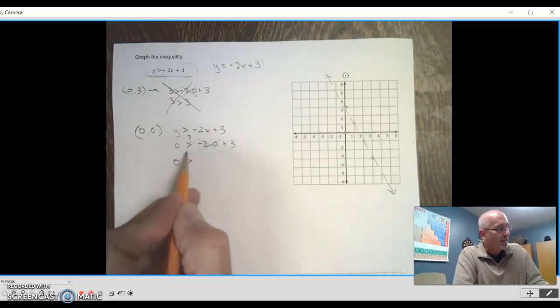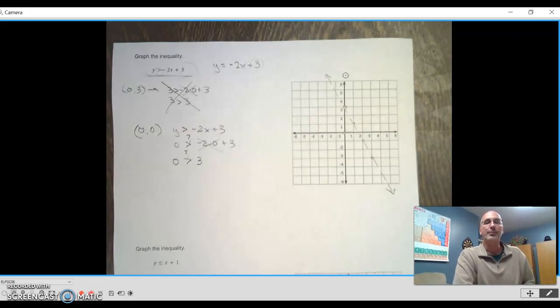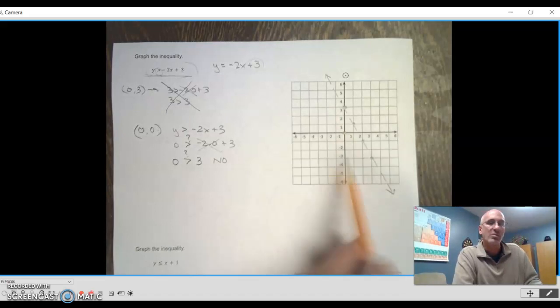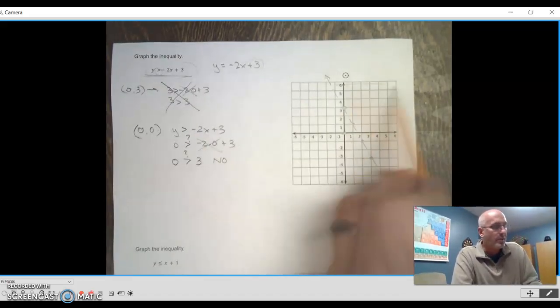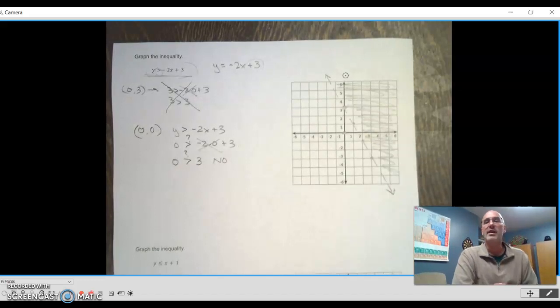So now we're going to say, is 0 greater than 3? The answer is no. So that means the points over here don't work in this inequality, but the points over here do. So all of these points over on that side of the graph work for this inequality.